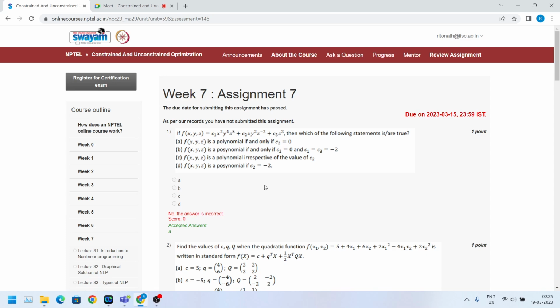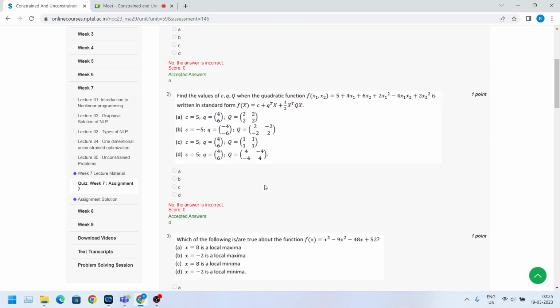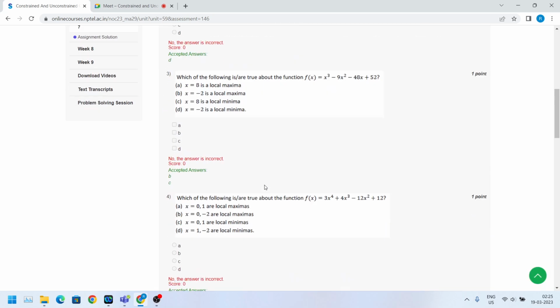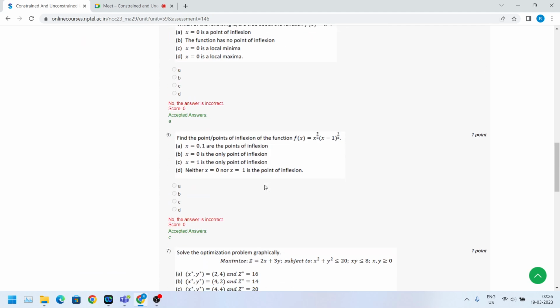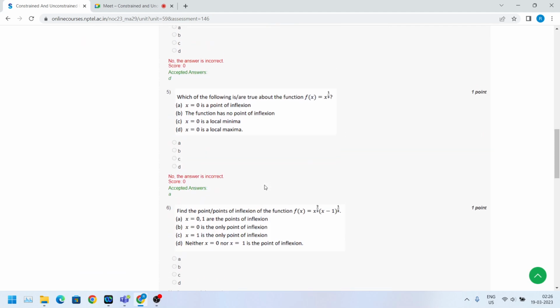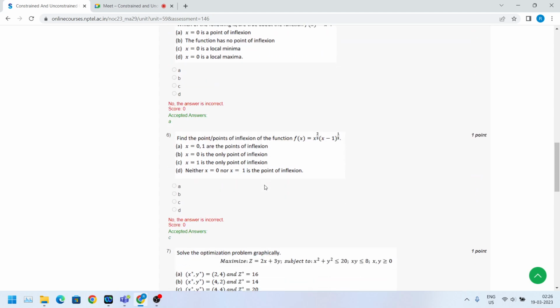Yeah, so 1 is A, 2 is D, so that's fine. 3 is B and C, so that is also fine. 4 is D, so that's also fine. 5 is A and 6 is C, right? So that's what I did.